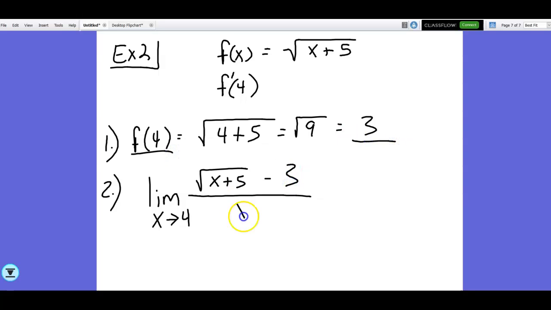And then on the bottom we have x minus c, which would be x minus 4. All right, now we have one of these situations where we have that square root. And what do we do when we have square roots? We multiply the top and the bottom by the conjugate.